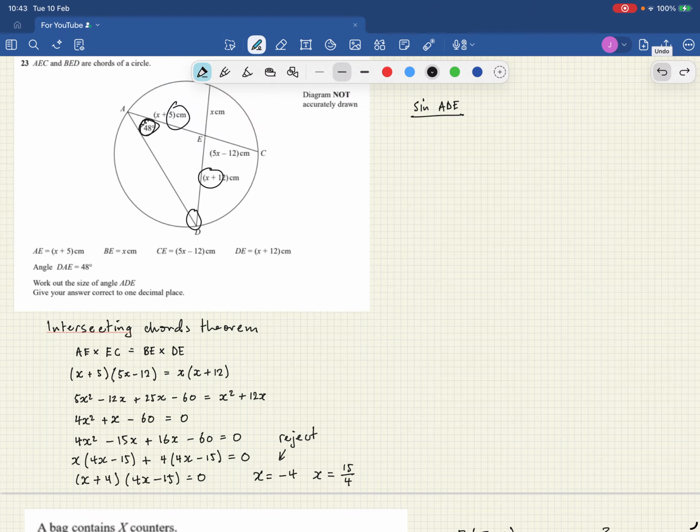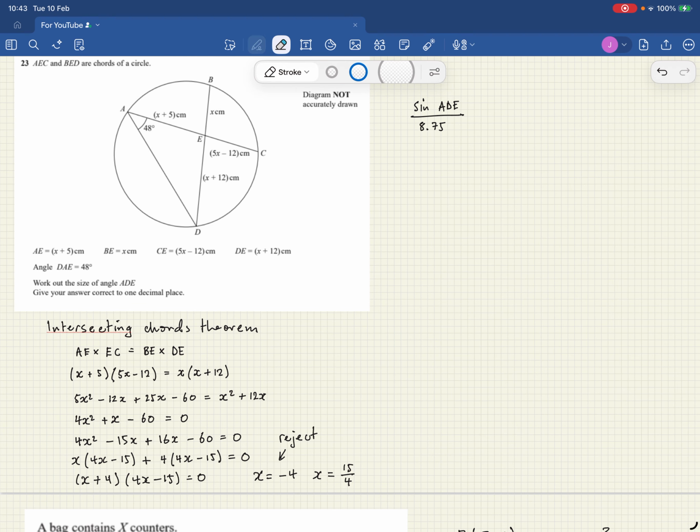8.75. I've got 8.75 because it's this value here opposite the angle ADE. We know that x is 3.75 and that side is 3.75 plus 5.